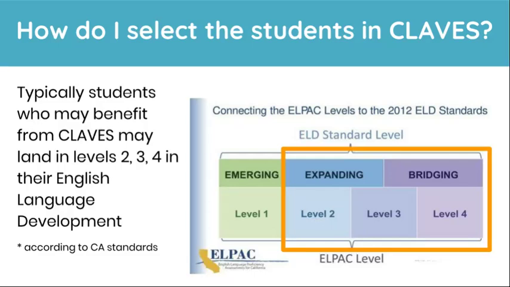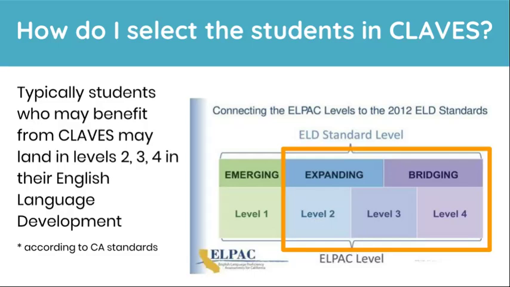So when students take this assessment, they're given a level based off of how they performed at this assessment. And we believe the ELD standard, or the English language development standard level, where students benefit the most, is level 2, 3, and 4.